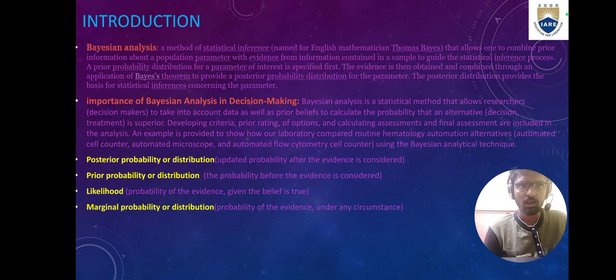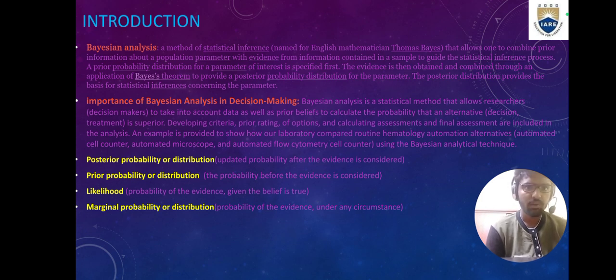Bayesian analysis is a method of statistical inference named after English mathematician Thomas Bayes that allows one to combine prior information about a population parameter with evidence from information contained in a sample to guide the statistical inference process.